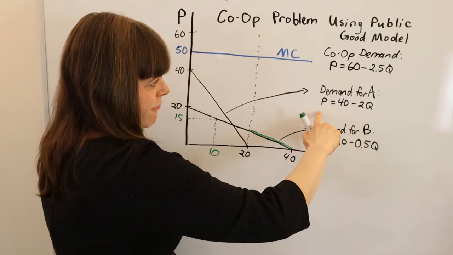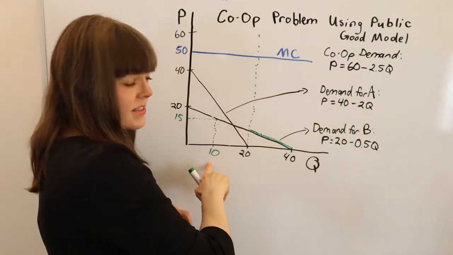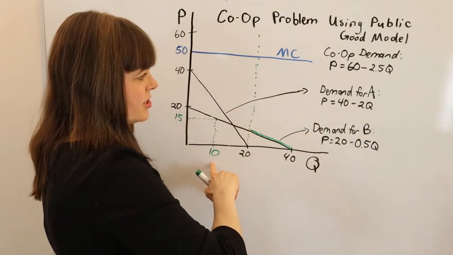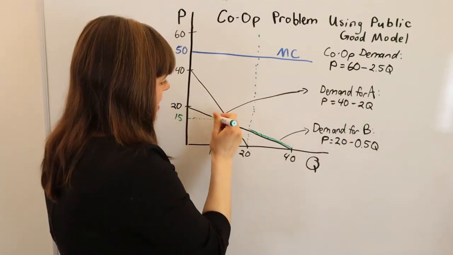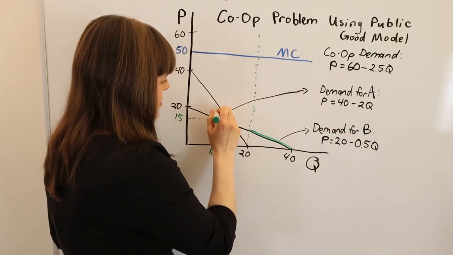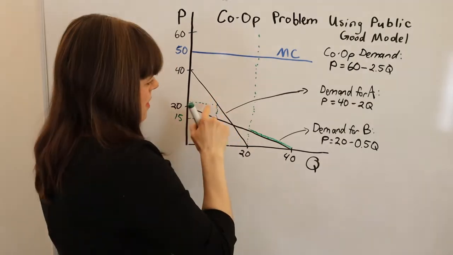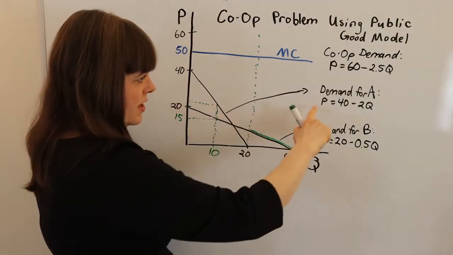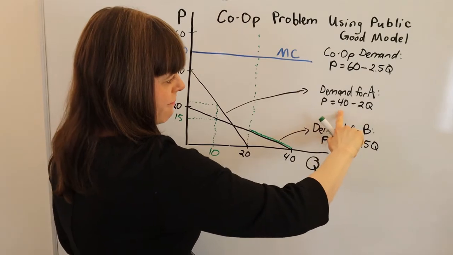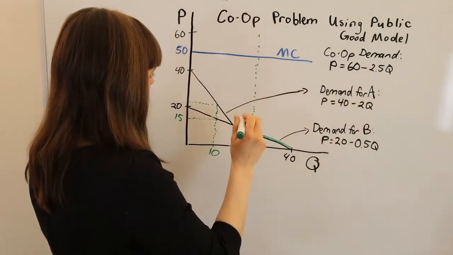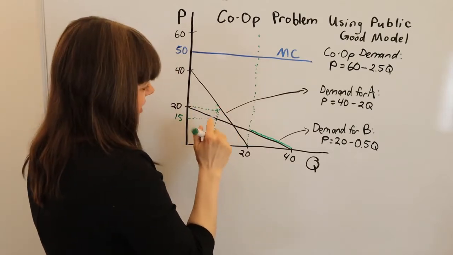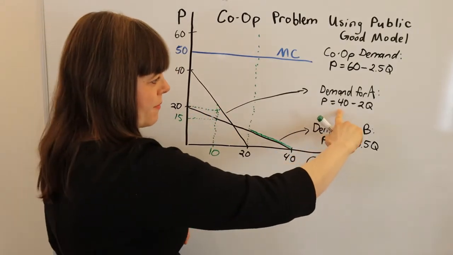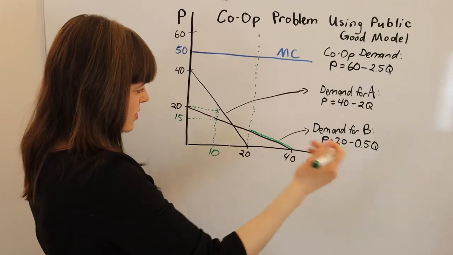And for firm A, we ask them the same question, how much per module are you willing to pay for 10 modules? And we can get that by coming up to their demand function, and we plug in 10, so we have 40 minus 2 times 10, that's 20.